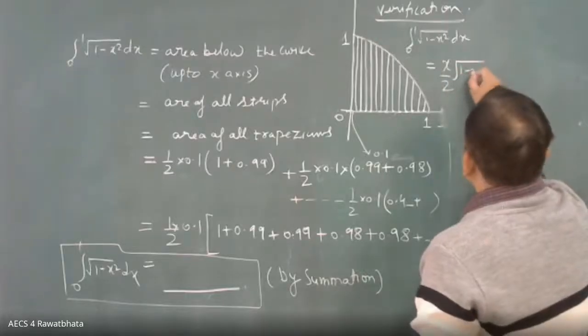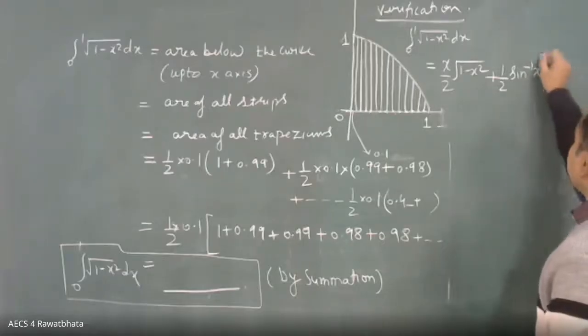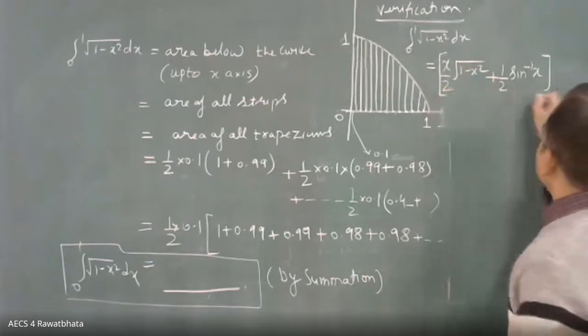X by 2 root of 1 minus x square plus 1 by 2 sin inverse x. Exactly, correct. This is it, and my limit is running from 0 to 1.